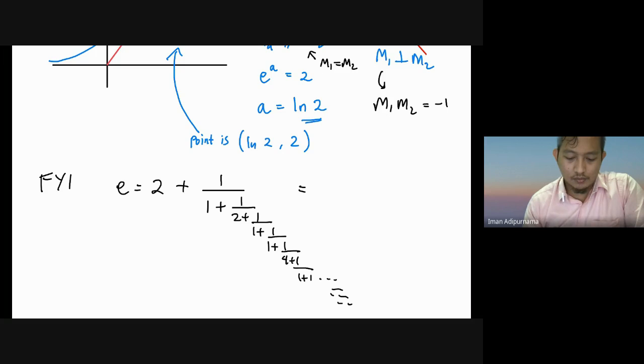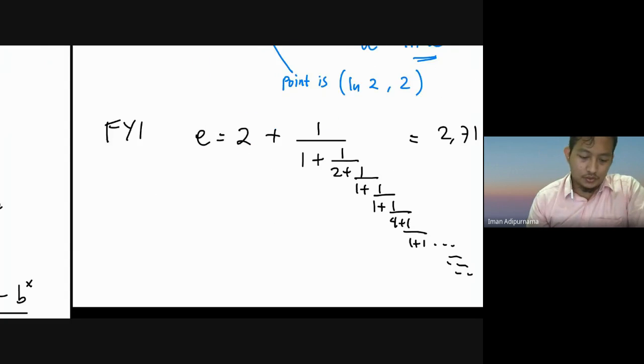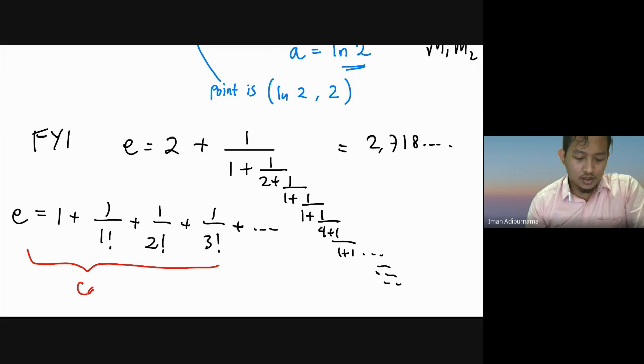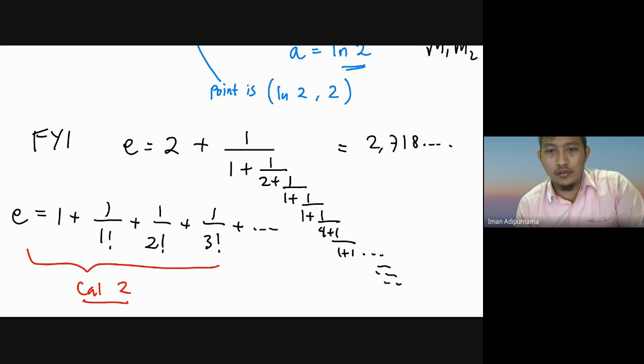It is precisely the way that we know. Also, e can be described as 1 plus... I think we will have this in calculus too, but we will go there later.